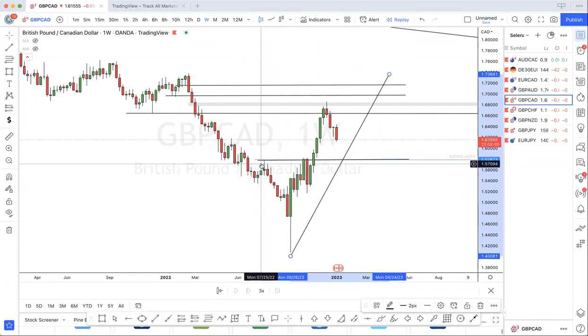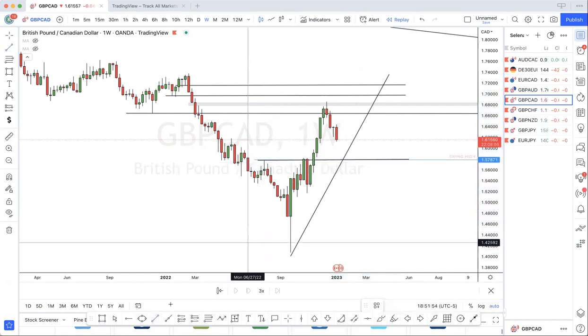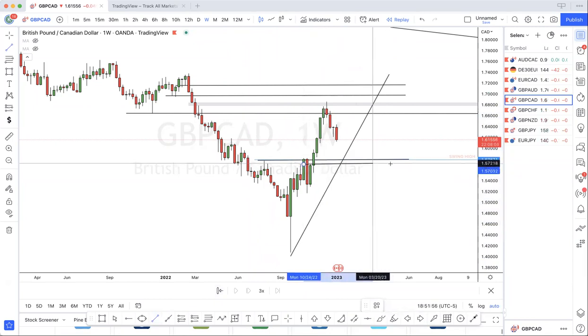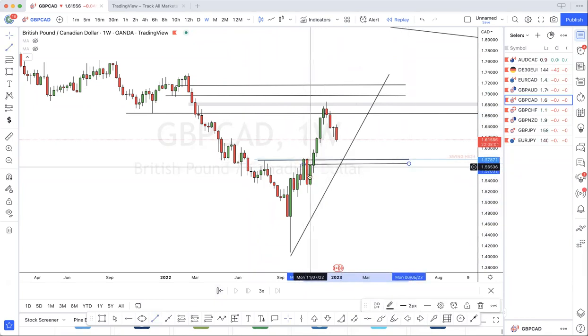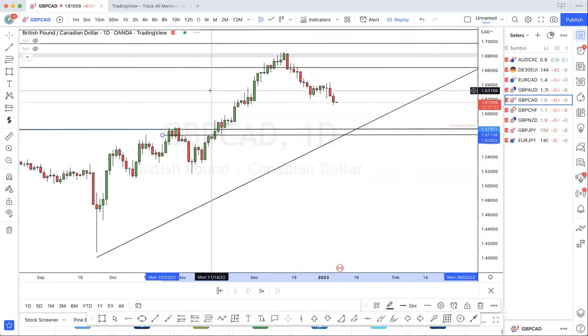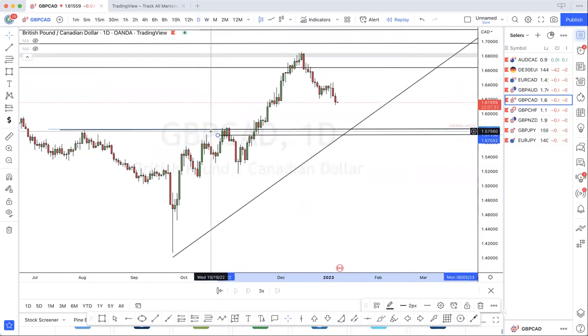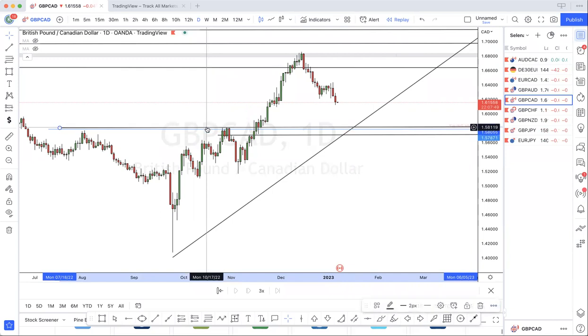So I'm looking for price to come back here and close this imbalance. This was the move where the breaker structure occurred. Let me go to the daily. So you have a violated order block here, price tapped back in.